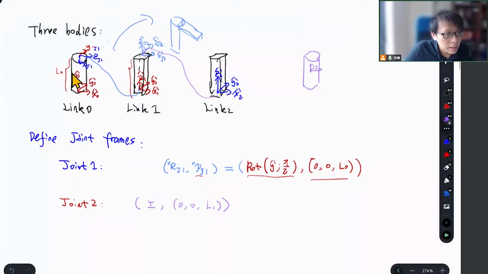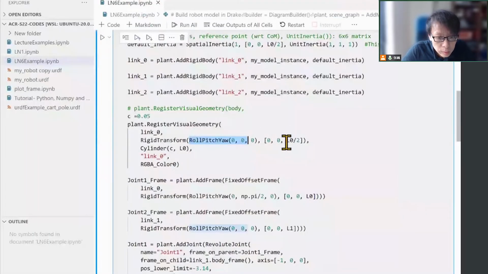So when I place this cylinder, I should place it along the Z direction by half of this L0. Okay, that's how I do it. That's where I have the Z direction as L0 divided by 2.